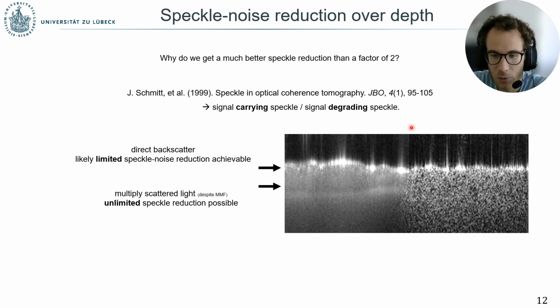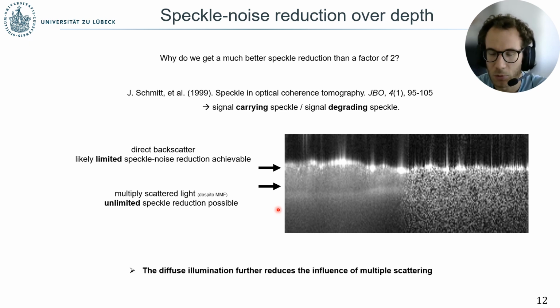And for these, we do not expect that they are similarly bounded by the limitation in NA. So then at depth, we get better speckle noise reduction because we have more and more multiply scattered light. And for this, it's possible to decorrelate much more easily the speckle of multiply scattered light. So that's why the benefit of the diffuse illumination seems to be here to further reduce the influence of multiple scattering.